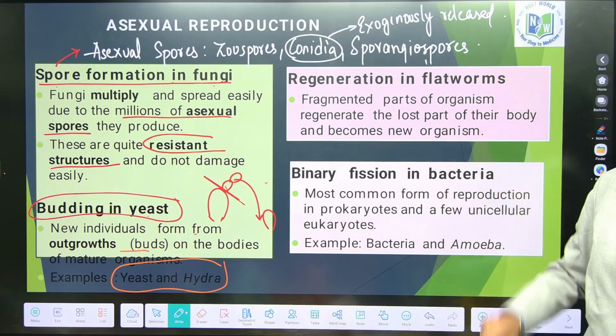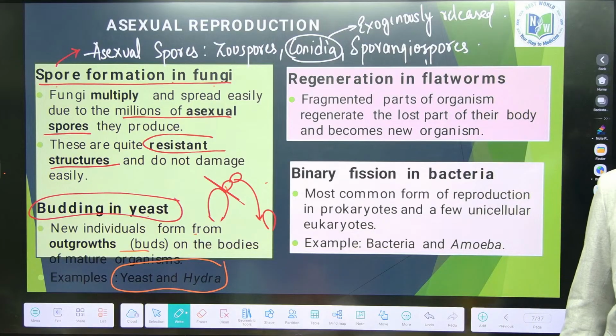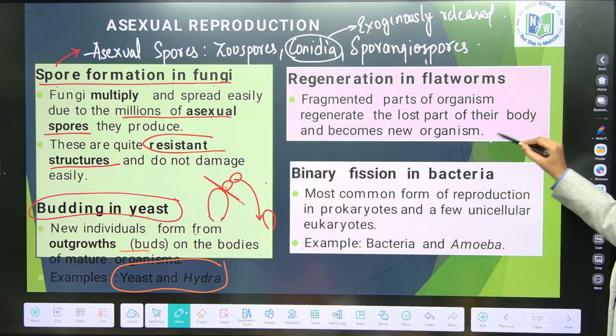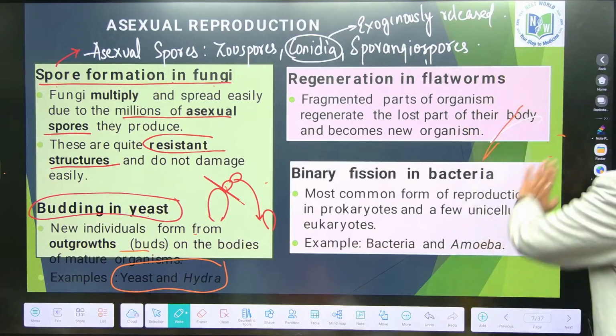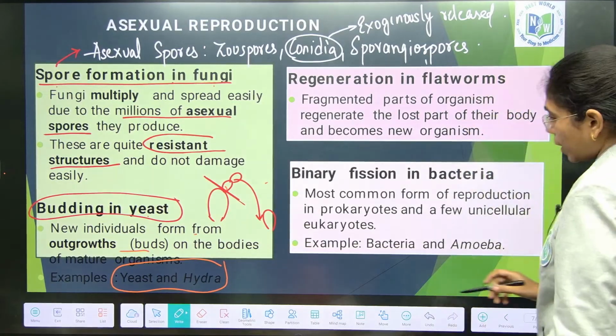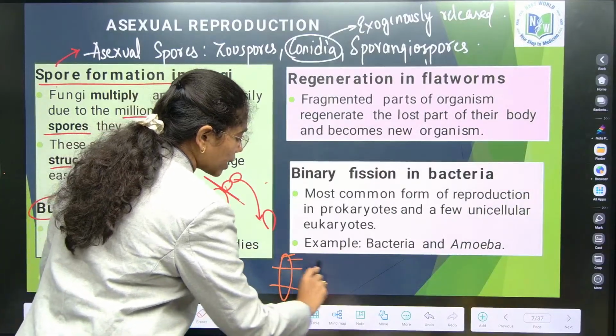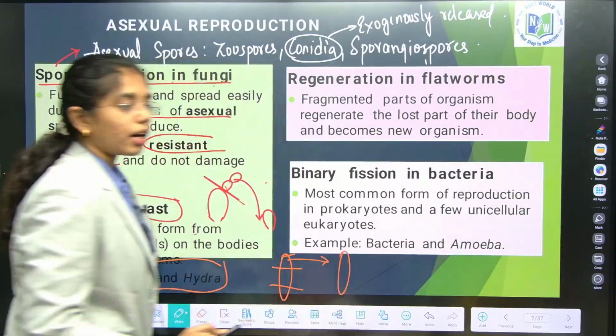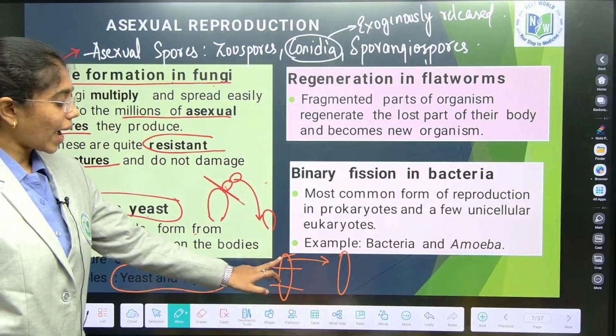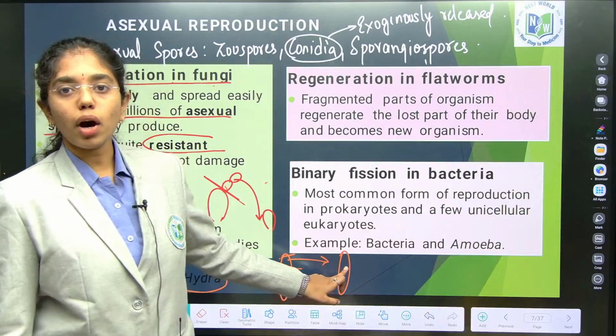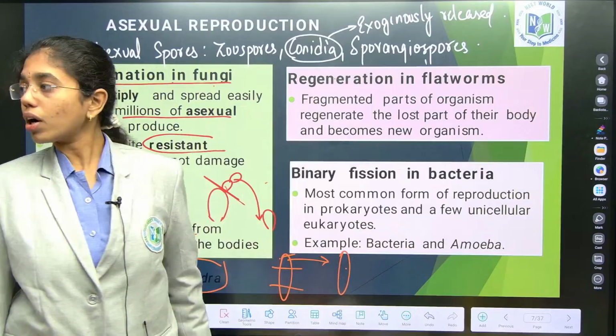Regeneration is different from fragmentation. Okay, fragmentation means what, ma? From the main body, any part which is fragmented can give rise to the entire organism. Like that, the fragment is giving out the new organism. In regeneration, what is the difference?